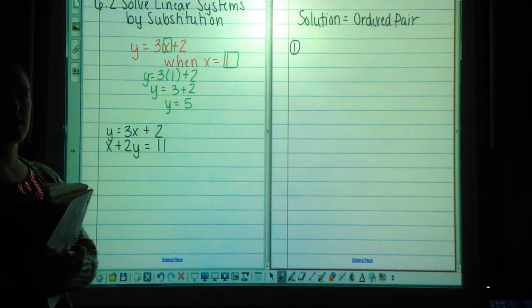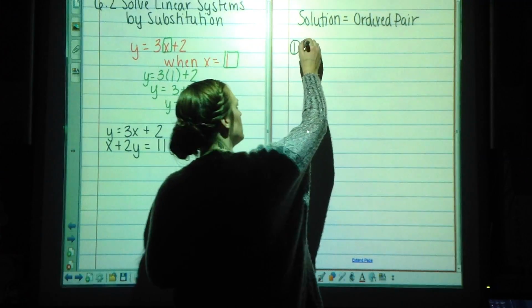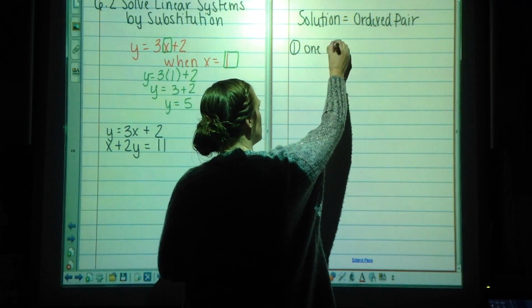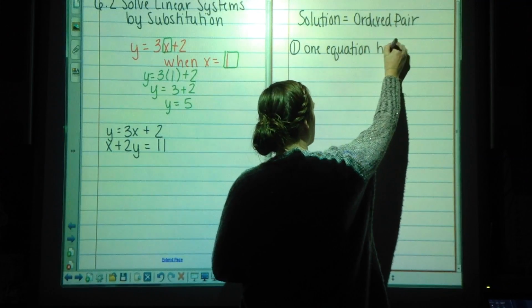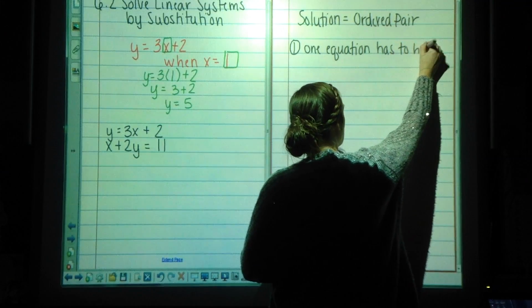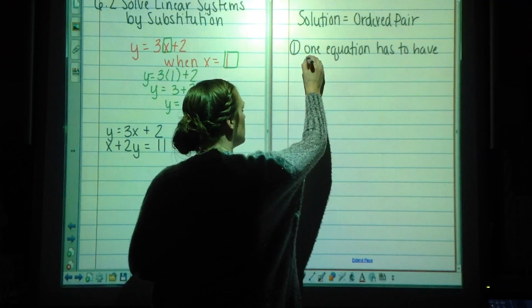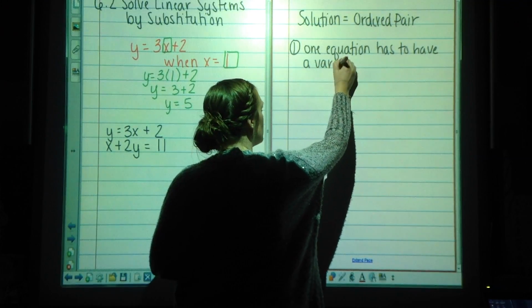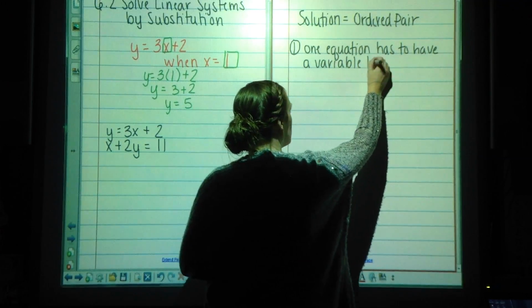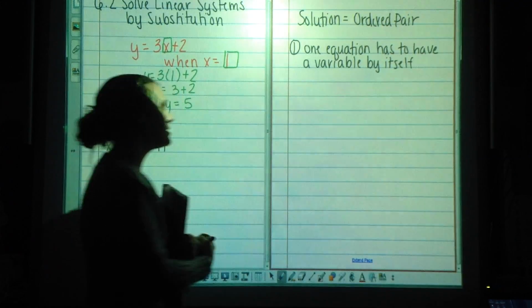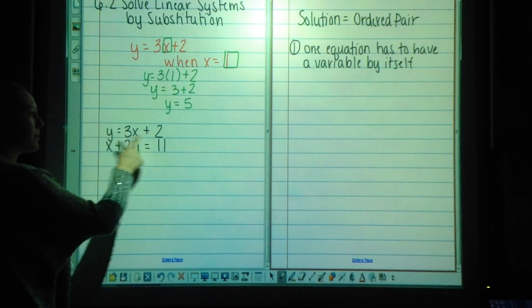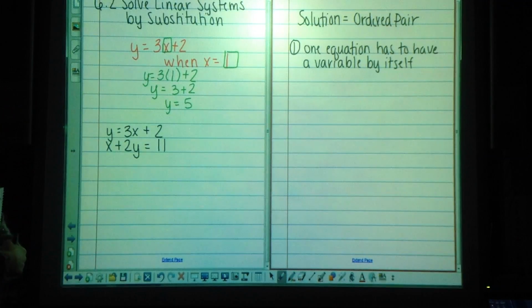One of the equations has to have a variable by itself. Again, in this example, our top equation has a variable by itself.